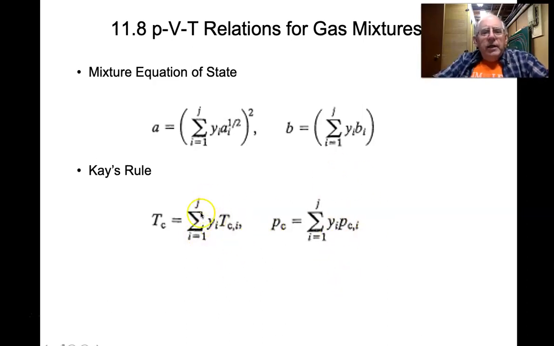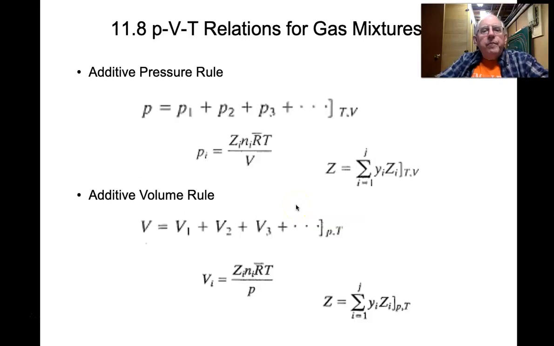If we said that we had a mole fraction of nitrogen of 0.79 or 79% by volume, and oxygen was 21% by volume, we could determine an appropriate critical temperature and critical pressure associated with air as a mixture of gases.